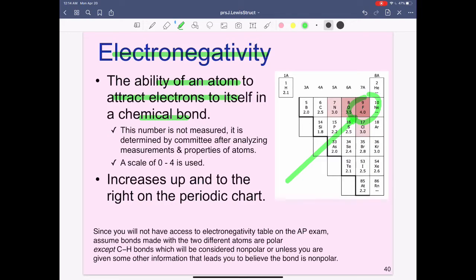It's likely that you would not have access to an electronegativity table on an AP exam. You should assume that bonds made with two different atoms are polar, except for carbon-hydrogen bonds, which you should consider nonpolar.